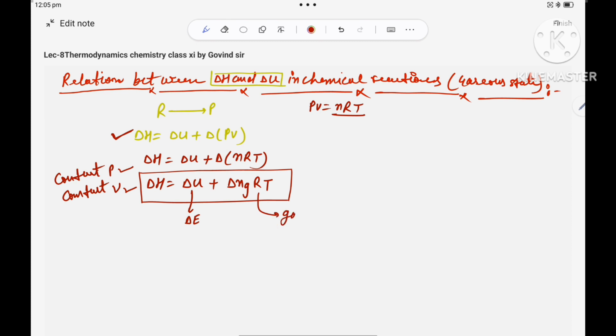Gas constant. T means what? Temperature. So delta Ng is what? Moles of product minus moles of reactant, in gaseous phase.